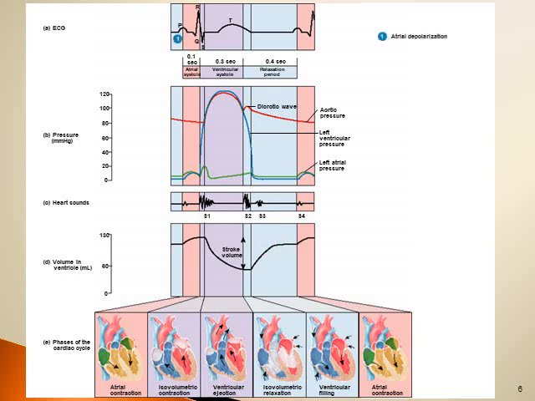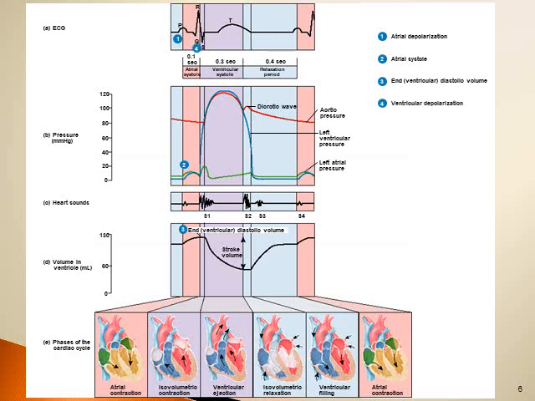So atrial depolarization is followed by atrial systole and end diastolic volume, which is the volume of blood at the end of diastole just immediately before the start of the ventricular systole.